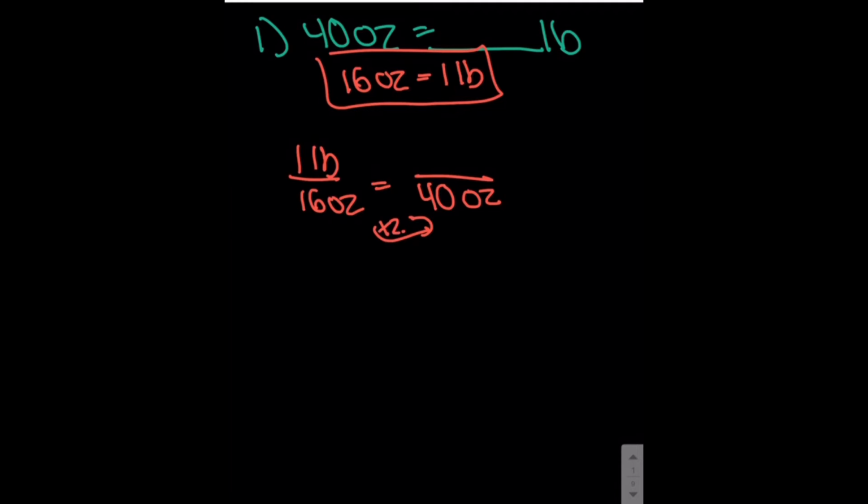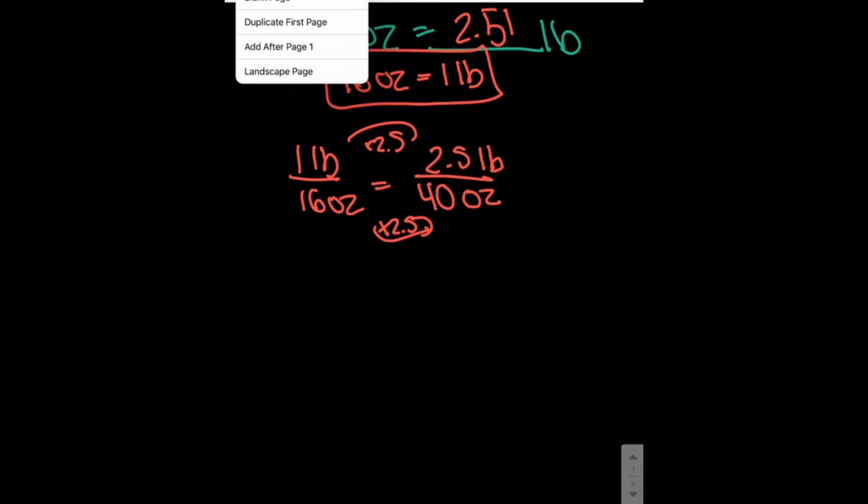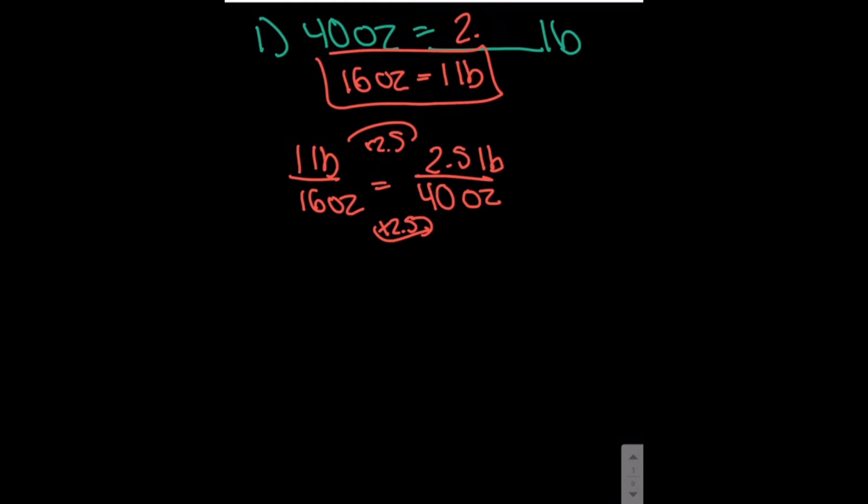In order to do that, I would have to times it 2.5, and if I times this by 2.5, I would get 2.5 pounds, and my answer would have been 2.5 pounds.